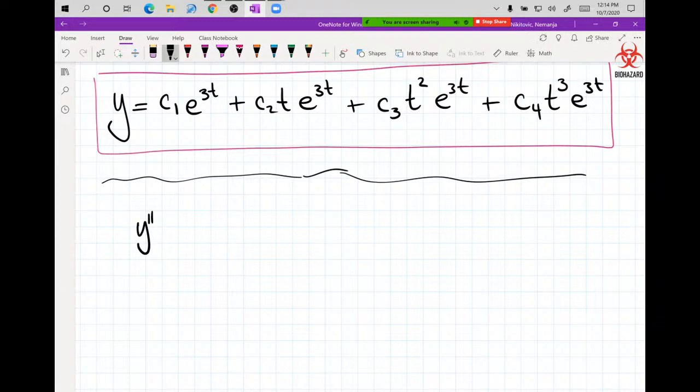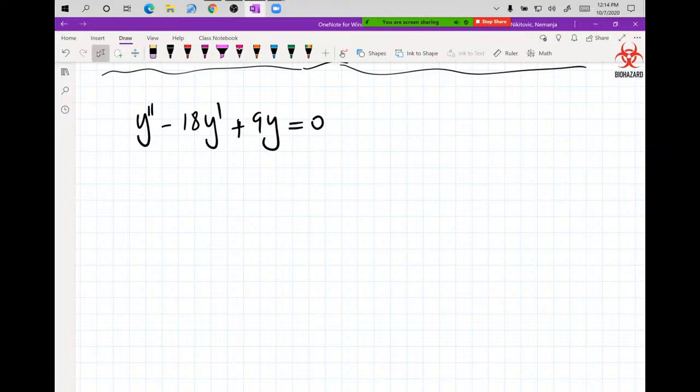And if you want to work out one of the maybe full examples here, we can quickly come up with y double prime. This is like standard stuff for your course. So y double prime minus 6y prime plus 9y equal to 0, right? So if this is your problem, second order linear constant coefficients homogeneous because it's equal to 0, then what you do is you convert this quickly into your characteristic equation, and once you convert this to characteristic equation, you factor it, and this is going to be r minus 3 squared.